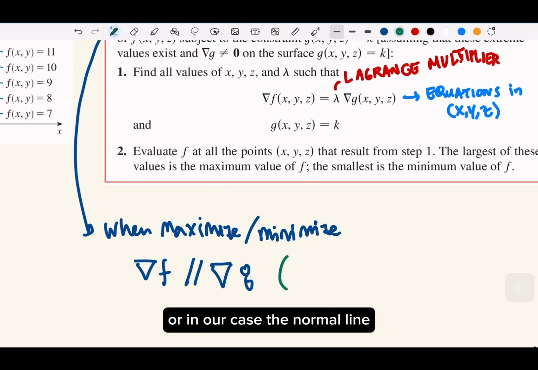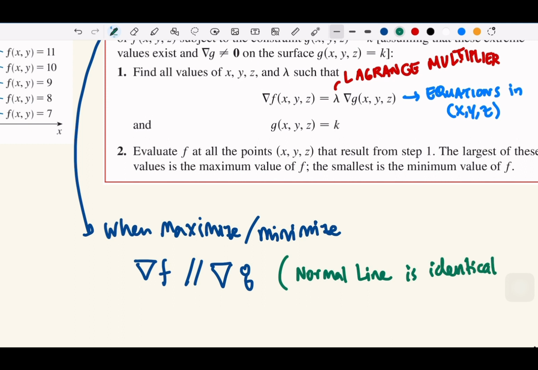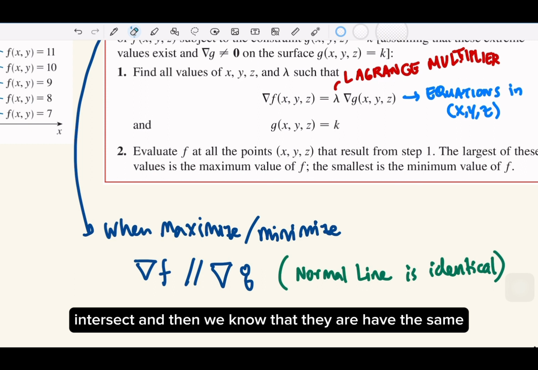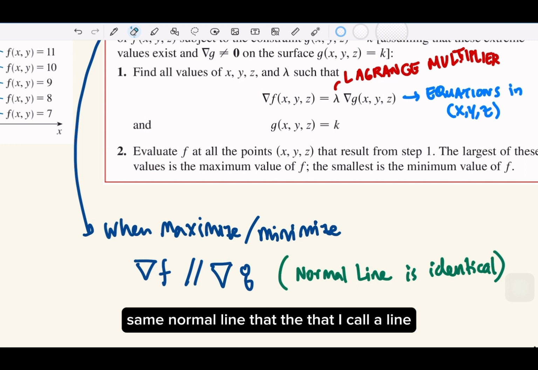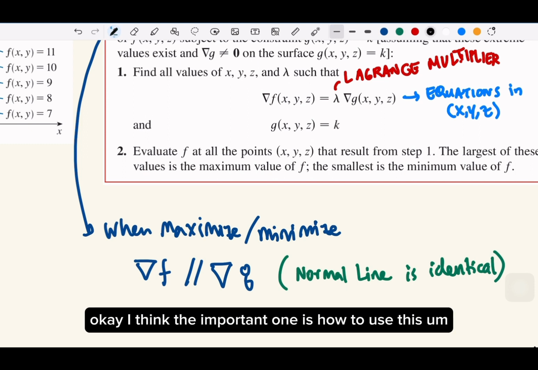Or in our case, the normal lines of both of these surfaces are identical. This is why we can equate these two: they intersect, and they have the same normal line. I think the important thing is how to use this Lagrange method.